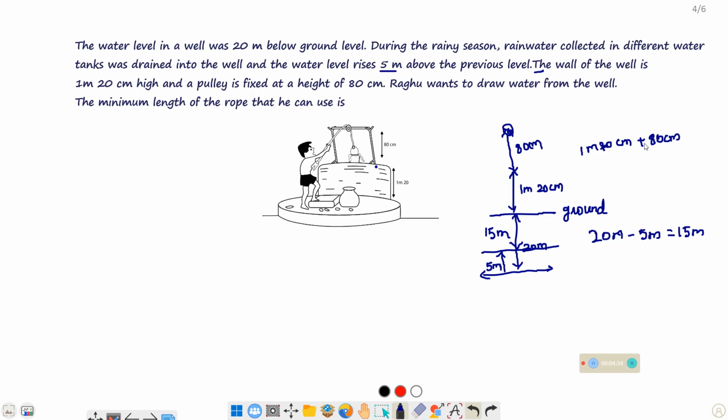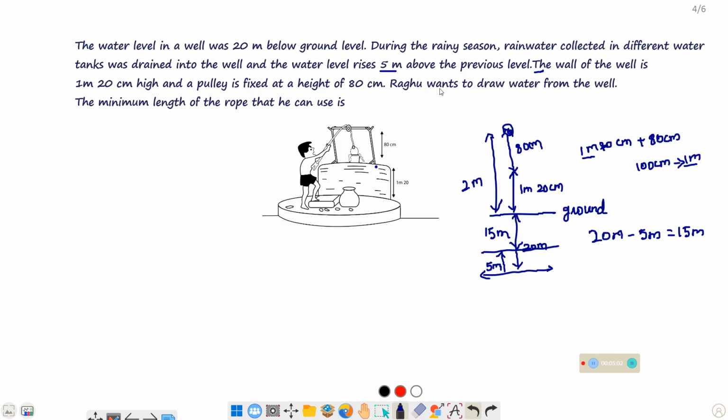It is nothing but 20 centimeters plus 80 centimeters is nothing but 100 centimeters. 100 centimeters is nothing but 1 meter. 1 meter plus 1 meter gives you 2 meters. So the total height of the pulley from ground level is 2 meters. This is how we have to solve the problem step by step.